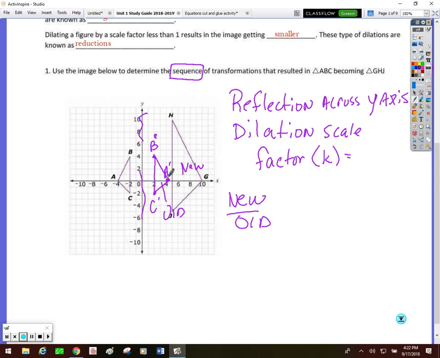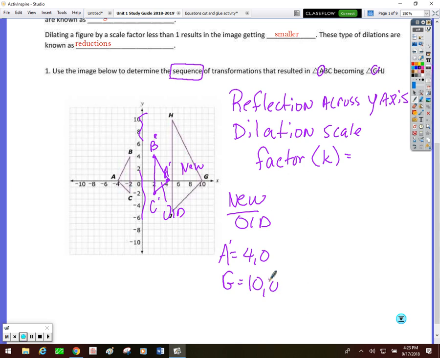Here A and G are the same point in this triangle, so A goes with G, and I like using A and G because it has a 0 in it. Point A prime is at 4, 0, and G is at 10, 0.